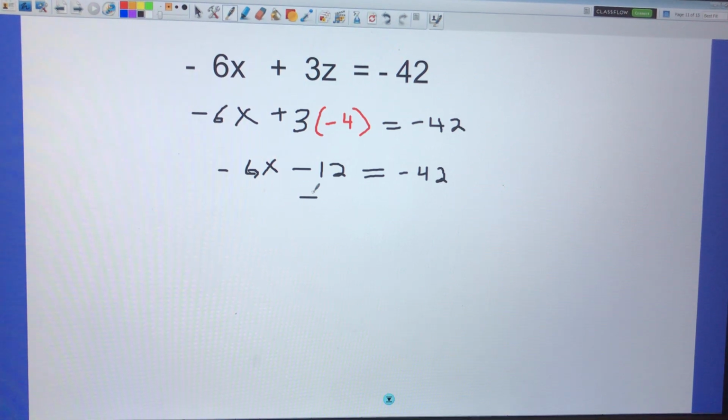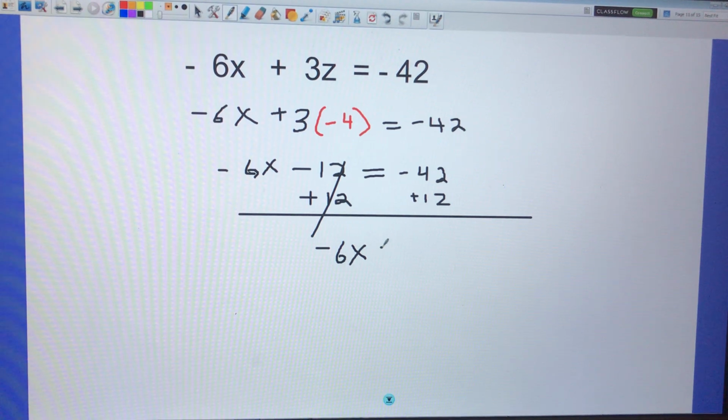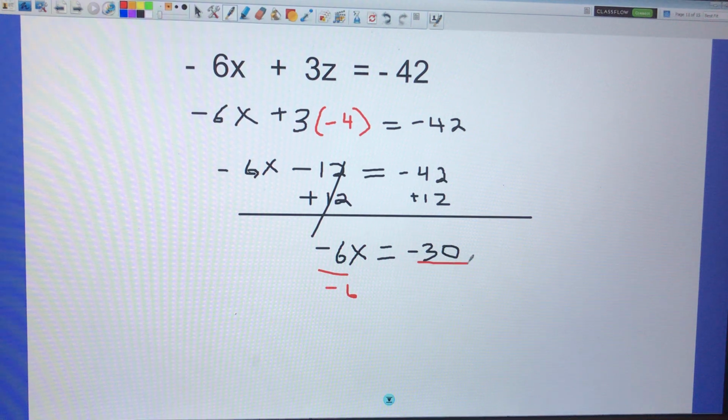I'm going to have to add 12 on both sides. I get negative 6x equals negative 30. I'm going to have to divide by negative 6 on both sides. And I get x equals positive 5.